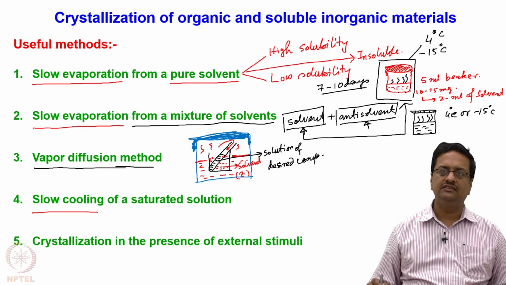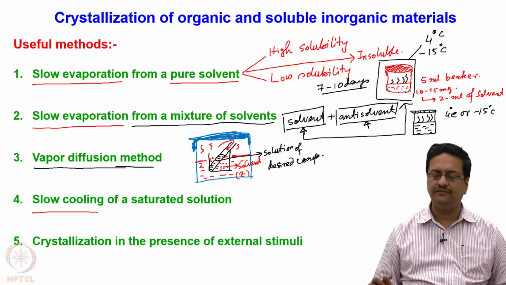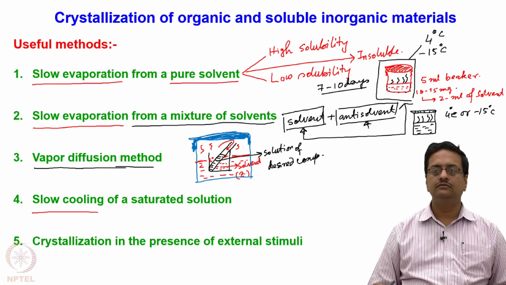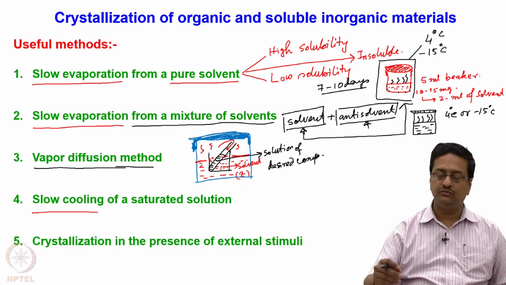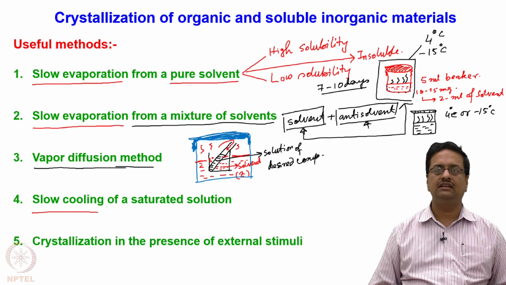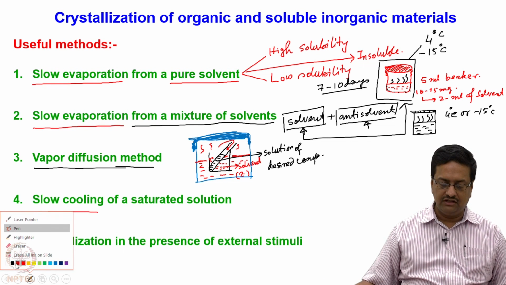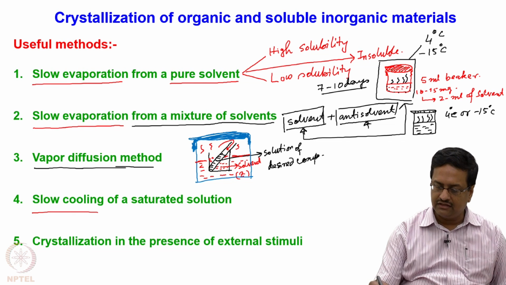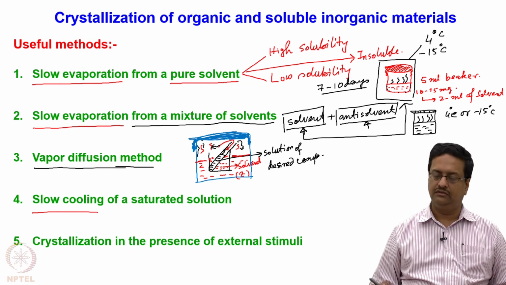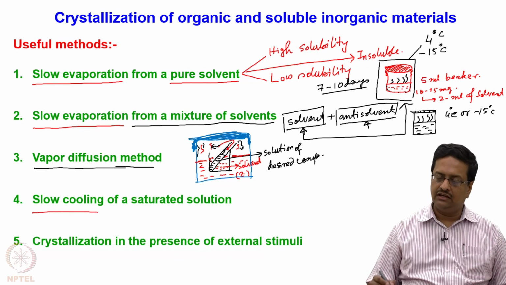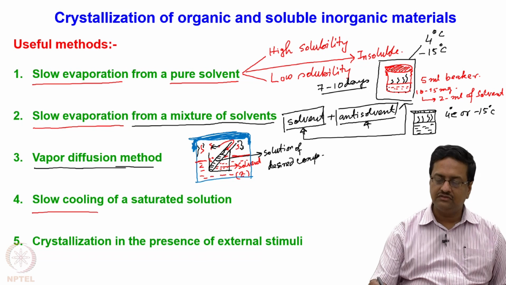So, in this process, the vapor of this anti-solvent can diffuse through a vapor state to the solution in which we have our target solute, and simultaneously the solvent which is inside the test tube will evaporate and slowly come out and fill the outer aerial volume of that container and slowly reduce in volume.